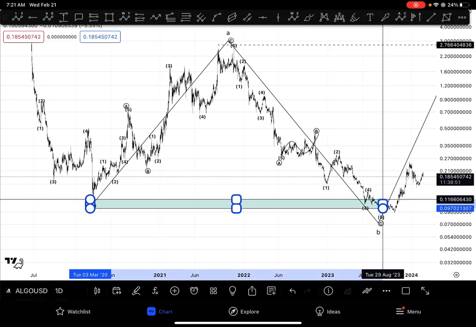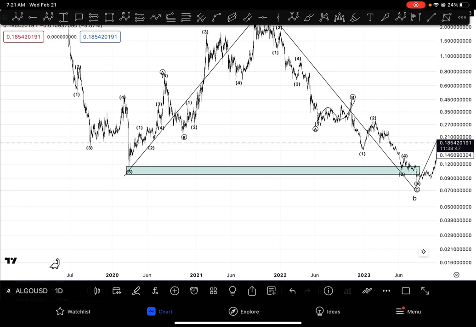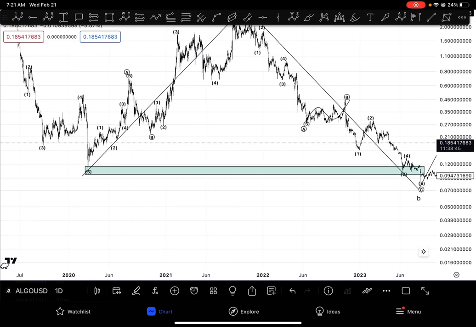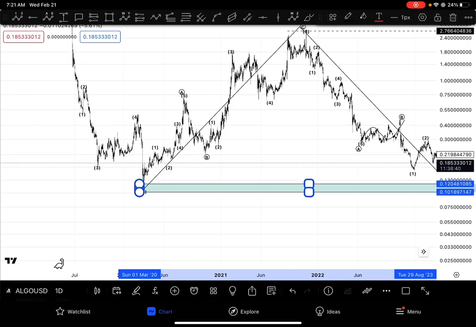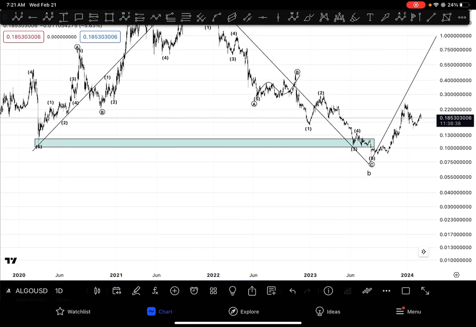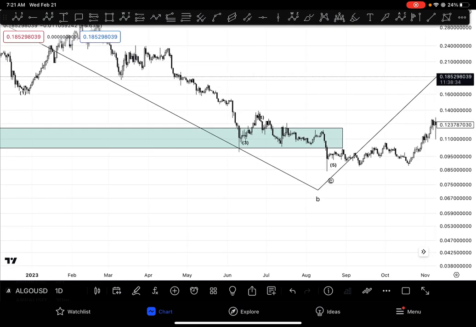Now remember, to the untrained eye and to retail investors, when they see a move back down to previous support, they're going to say, oh my God, it's a double bottom, and they buy in over here, okay?